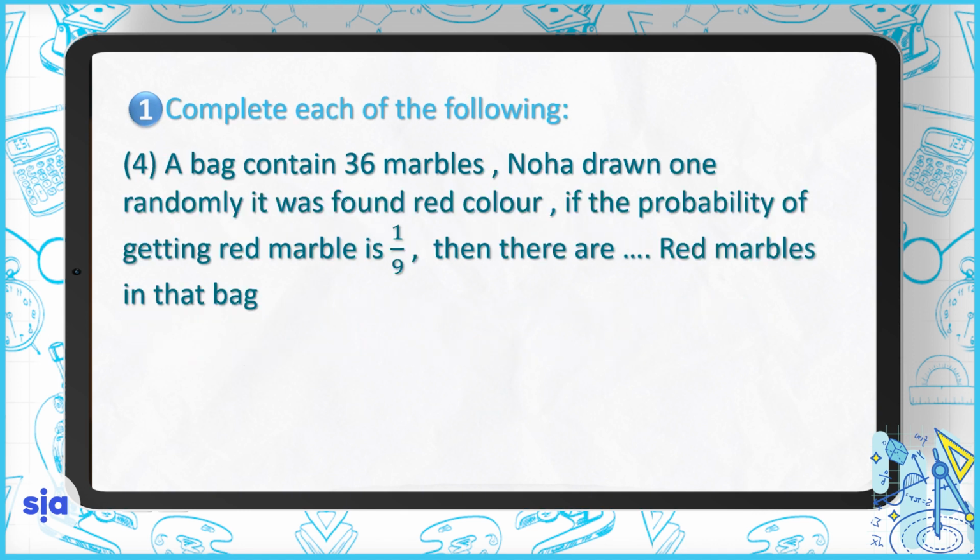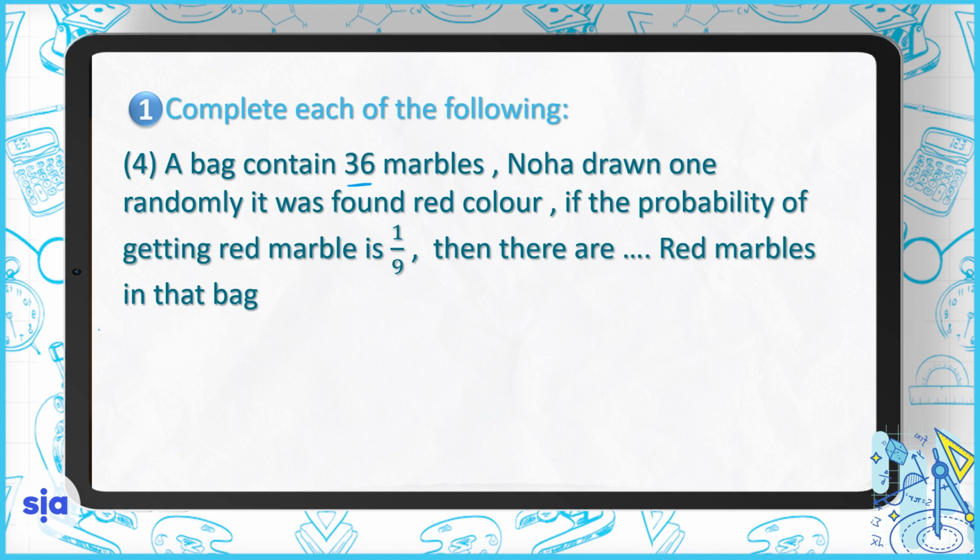Question 4, a bag contains 36 marbles. Noha drew one randomly, and it was found to be a red color. If the probability of getting a red marble is 1 over 9, then how many red marbles are in that bag?